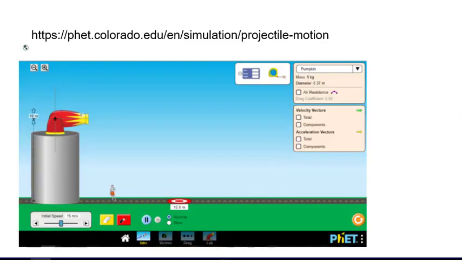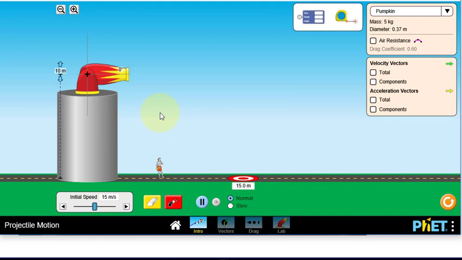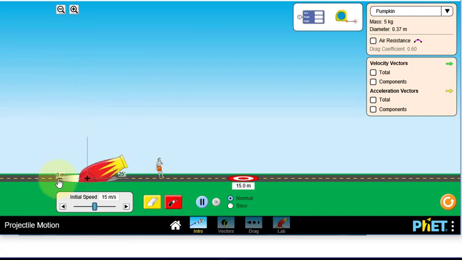So let's try some of these out. I found this really fun website, phet.colorado.edu, that gives us a simulation for projectile motion. Okay, so now I'm running that program on that website. One thing that I'll do is start with an initial height of 0.